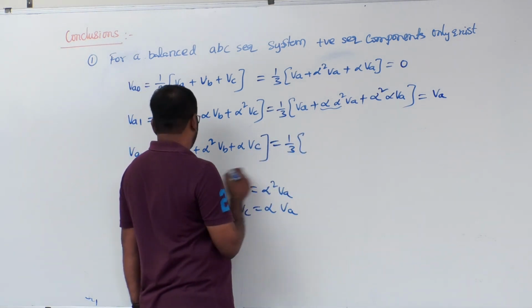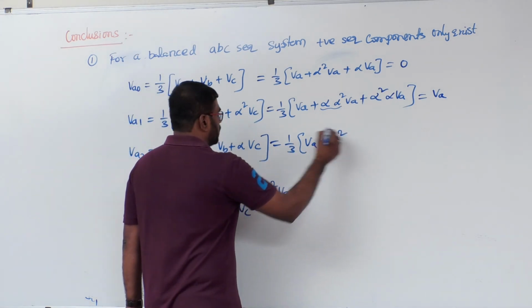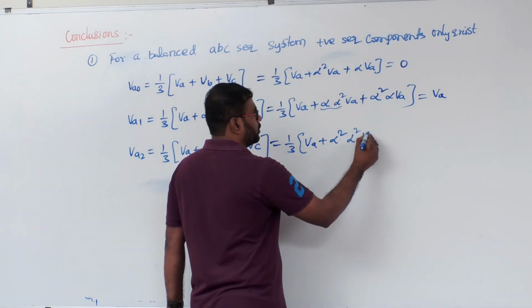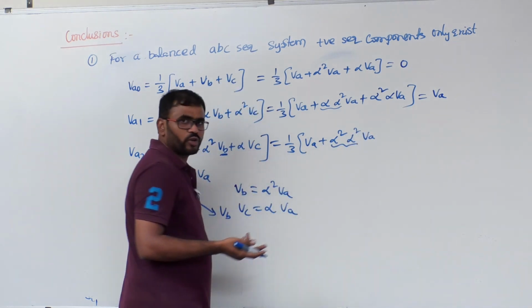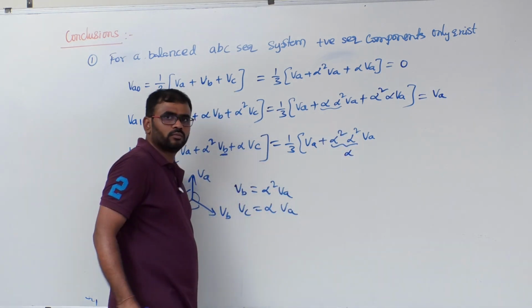Now what about VA2? 1 by 3 times VA as it is, plus alpha square times VB, and VB is alpha square VA. So alpha square into alpha square is alpha power 4, nothing but alpha. Correct or not?